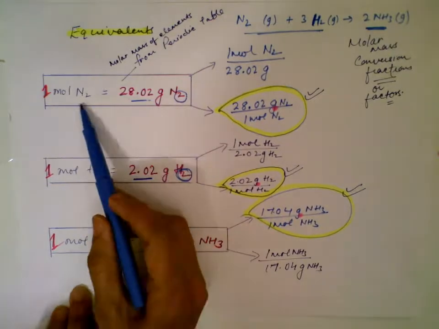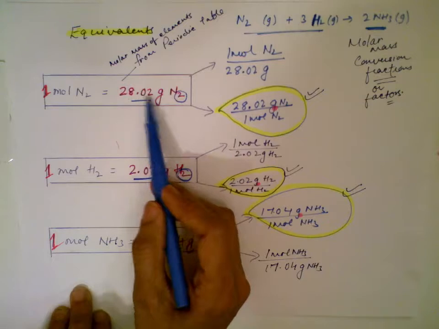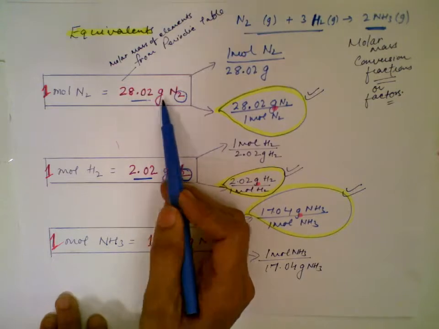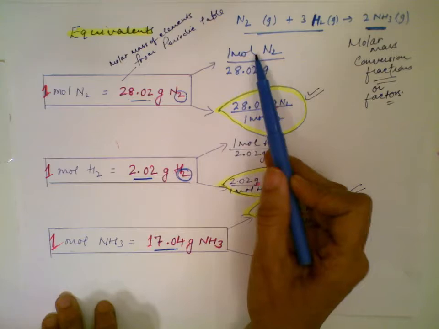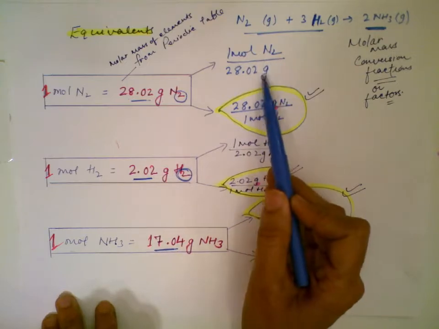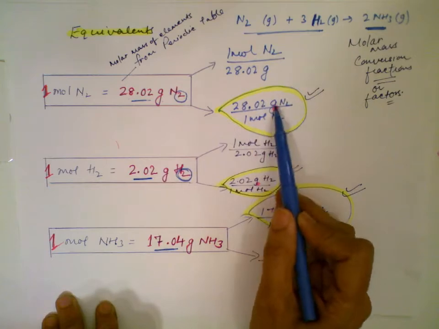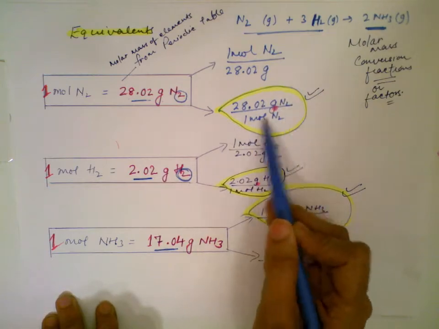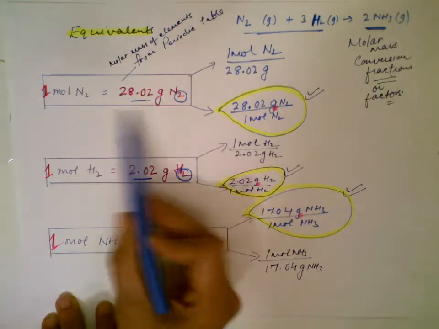So 1 mole of nitrogen molecule would always weigh 28.02 grams. Now you can write it in 2 ways. You could say 1 mole of nitrogen molecule weighs 28.02 grams, or you could say 28.02 grams are present in 1 mole of nitrogen. So you are making 2 fractions from this one equivalent.